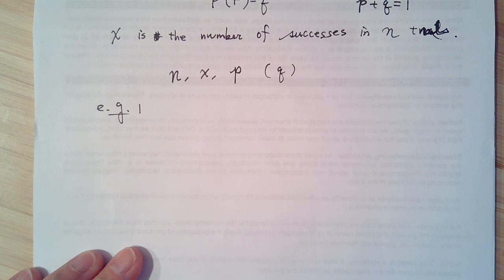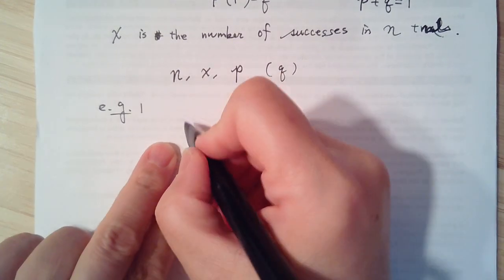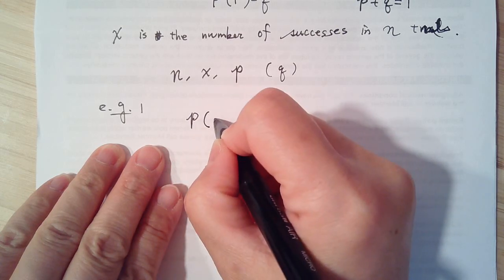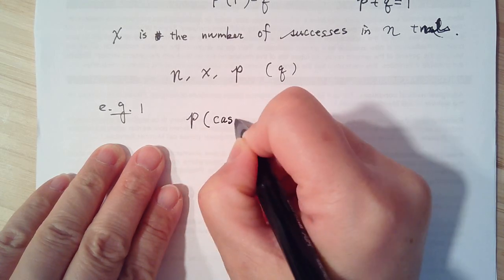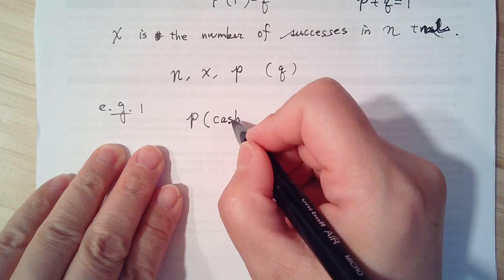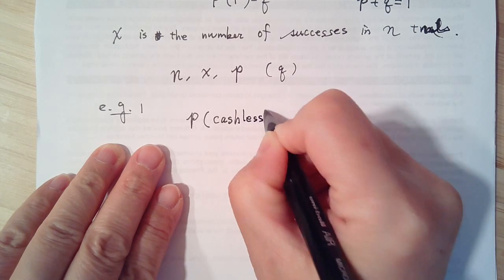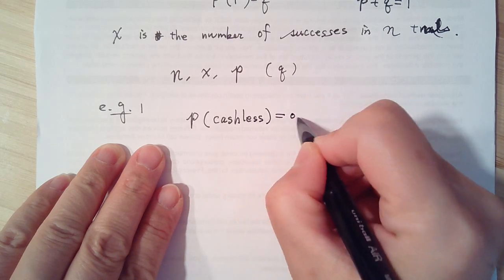This person's answer will be yes or no. So far we know the probability of cashless, which means no cash, is 0.05.